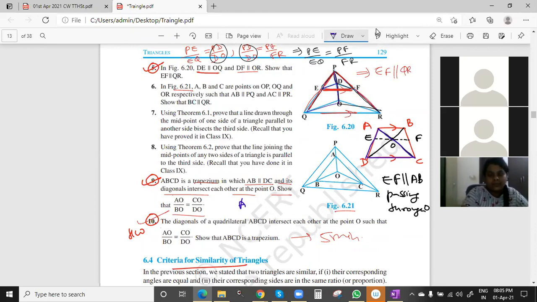Or we can take ABD also, no problem, because AB is parallel to EF, so EF is also parallel to CD. So we can write AE by ED is equal to AO by OC.